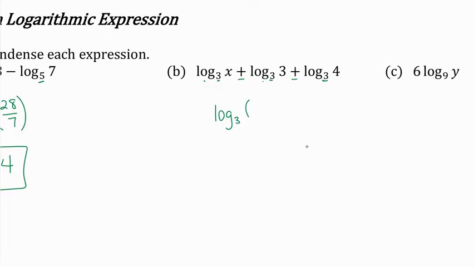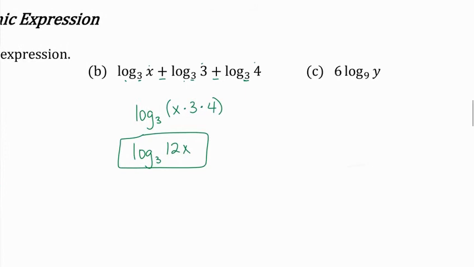And then I'm going to multiply all 3 of those things because it's all addition, right? So I could do x times 3 times 4. And then we can simplify that expression, x times 3 times 4. That would become log base 3 of 12x. Right, there's our condensed expression there.